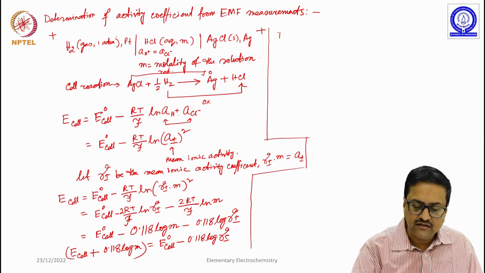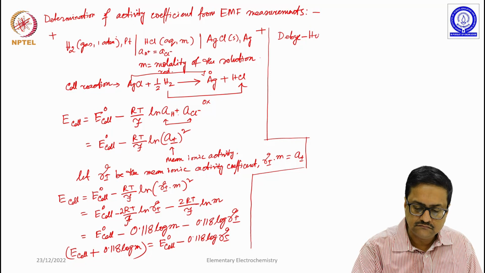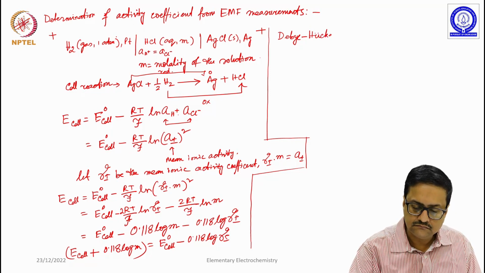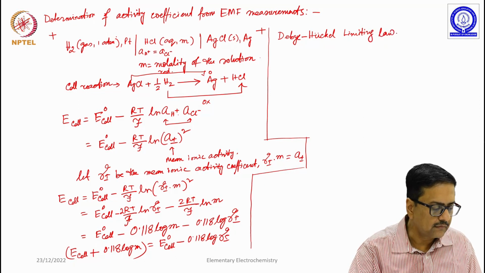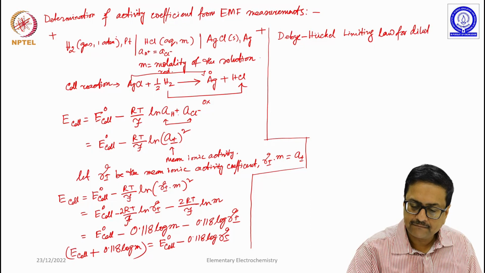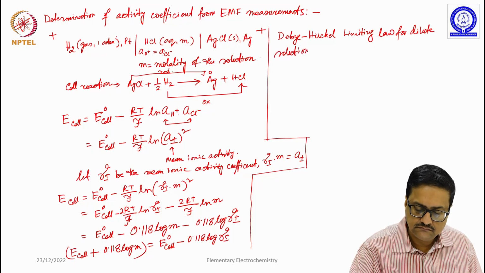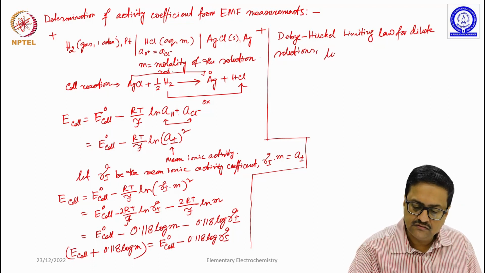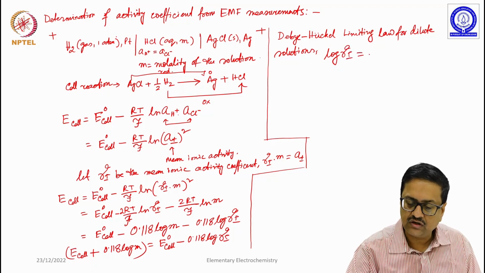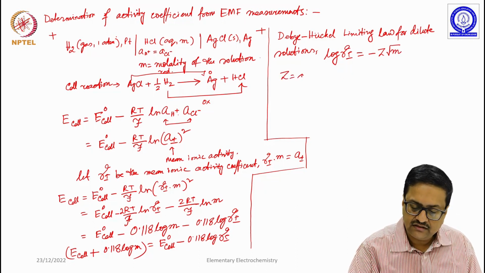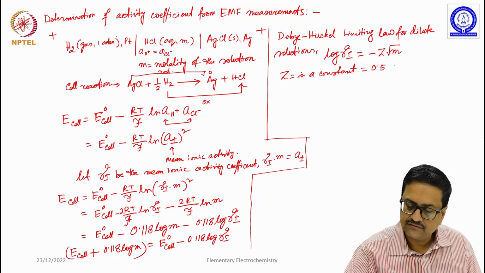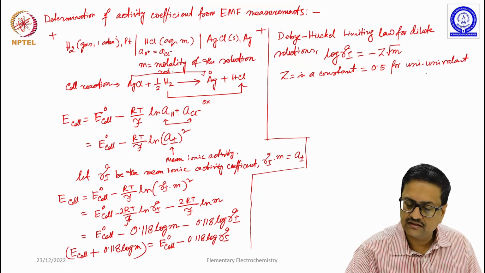So now using the Debye-Huckel limiting law for dilute solutions, this log of gamma plus minus is equal to minus z into square root of m, where z is a constant and its value is 0.5 for univalent ions.